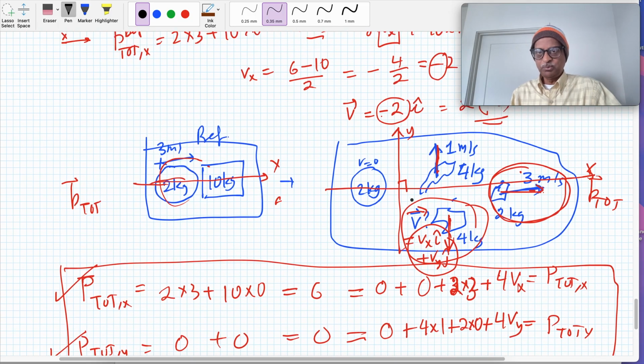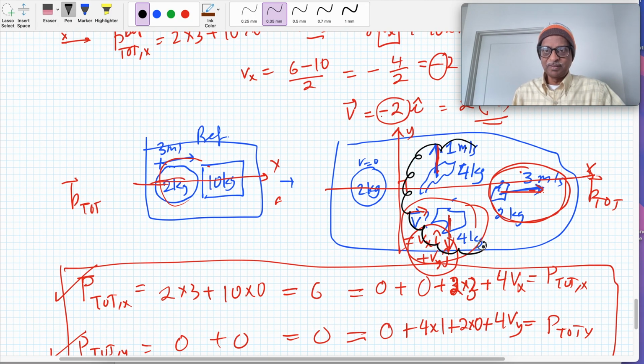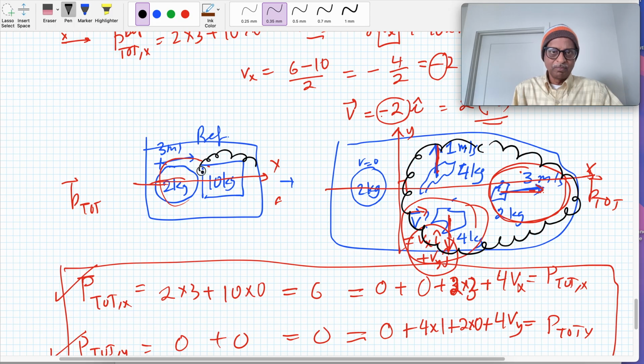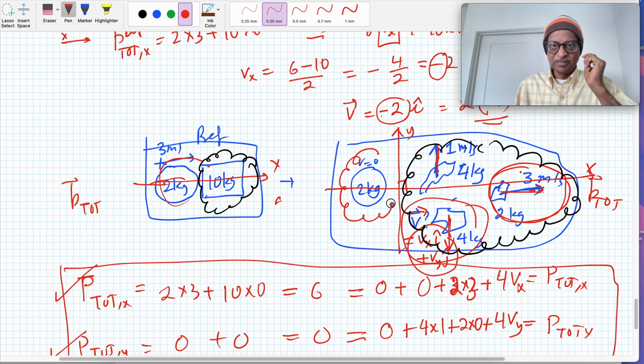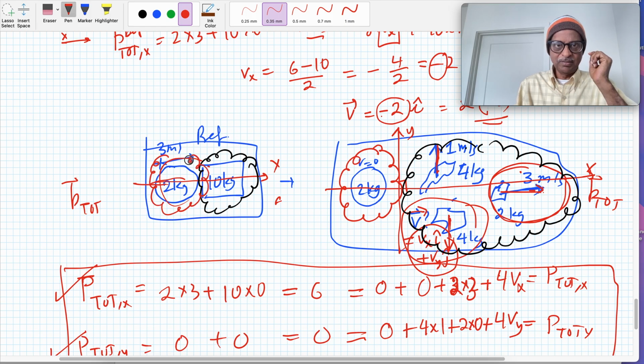Then you'll have to think of this change in momentum, this system versus that system. So that's easier to work out, right?